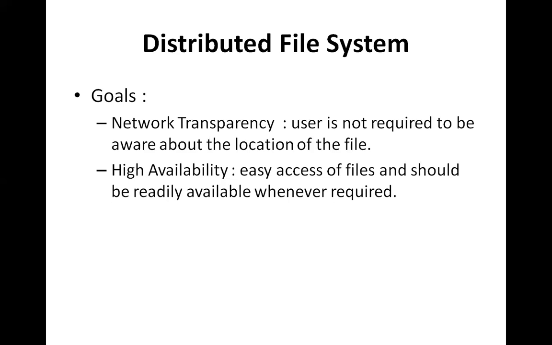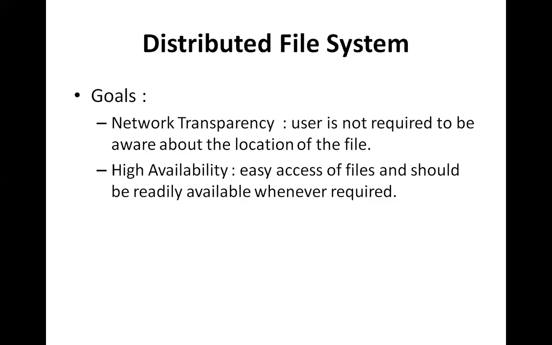Network transparency provides the functional capabilities to access a file which is distributed over a network, because the file can reside at any location. And the users who want to use those files should not be aware of the location of the files for accessing them. This property of the distributed file system is known as network transparency.